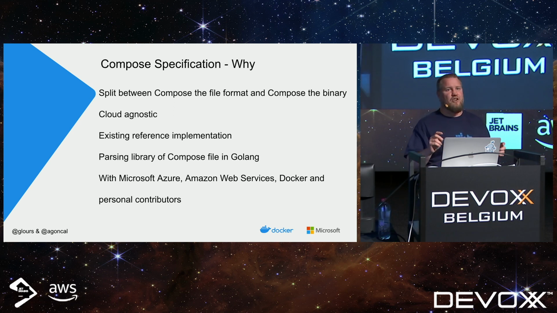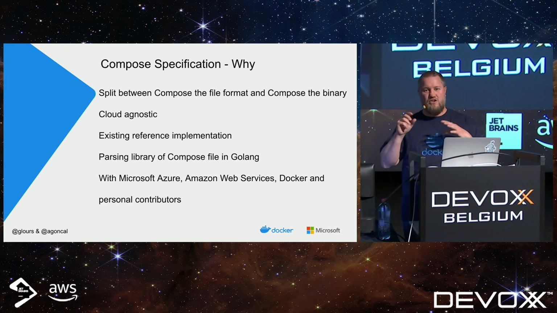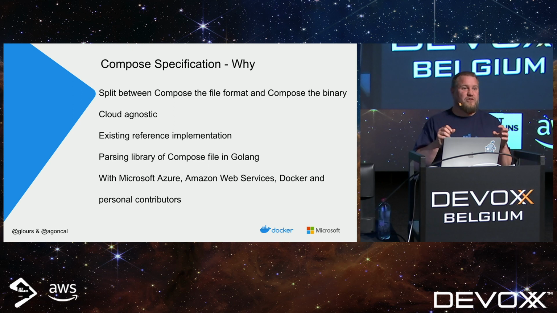That doesn't mean that a cloud provider can't define a custom field for their needs. They can use a specific type of field inside the Compose specification to add dedicated attributes. But you just have to know that if you see this kind of file, you may expect that it won't work on a different cloud provider.